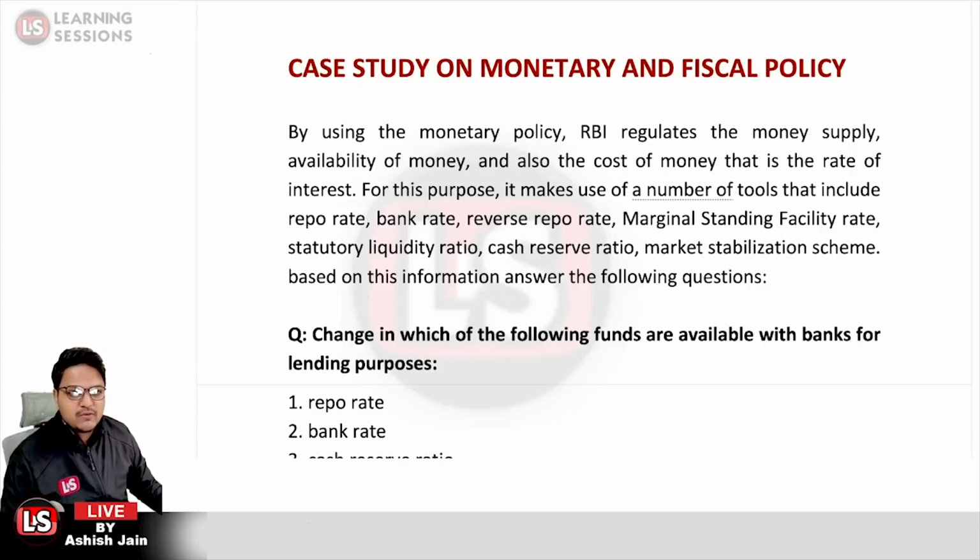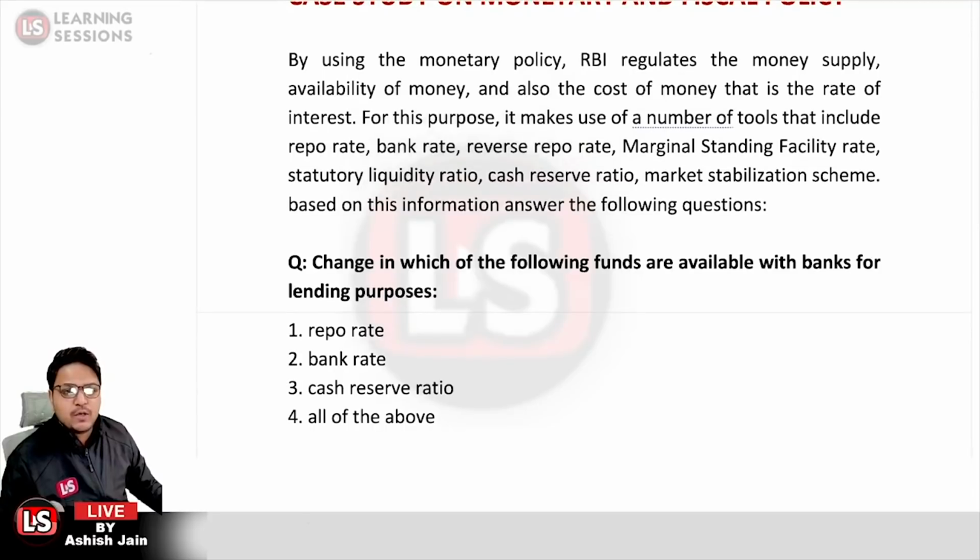Let us have a look at the first question. It says, change in which of the following tools affects the funds available with the banks for lending purposes? If we change which tool's percentage, the bank will have an impact on the funds available with the bank itself.